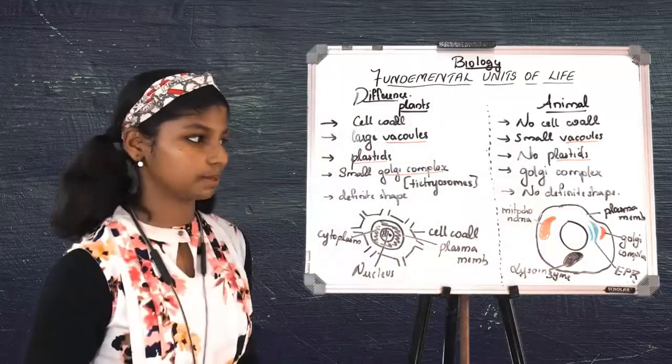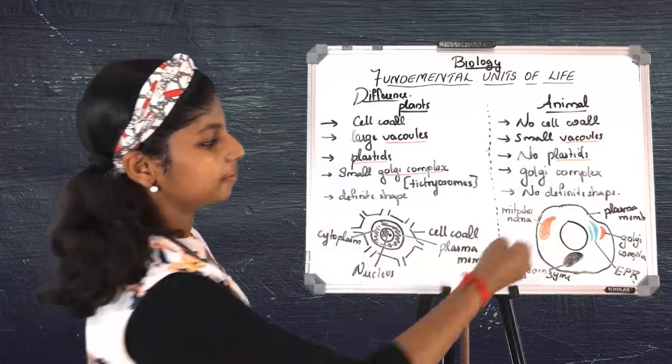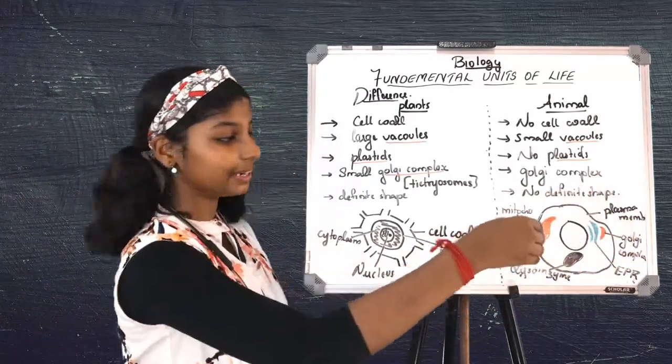This is the mitochondria. So we have the plasma membrane, that is the outer covering.